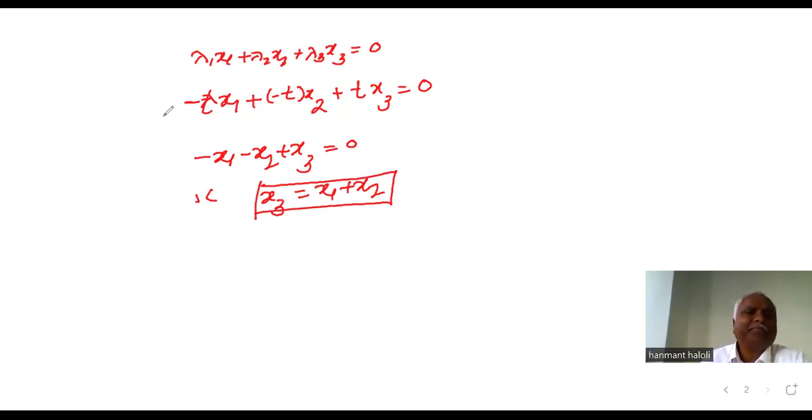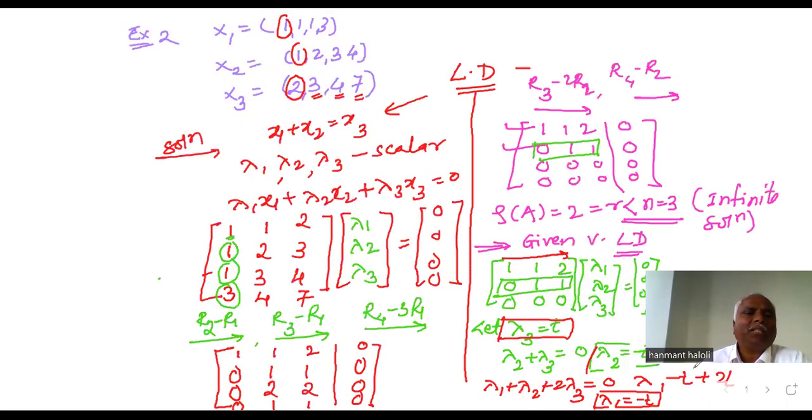Now, similarly, we'll check some examples. How to check without solving whether the given vectors are linearly dependent or independent. We'll take some other examples. Suppose the x1 vector is 3, 1, minus 4.